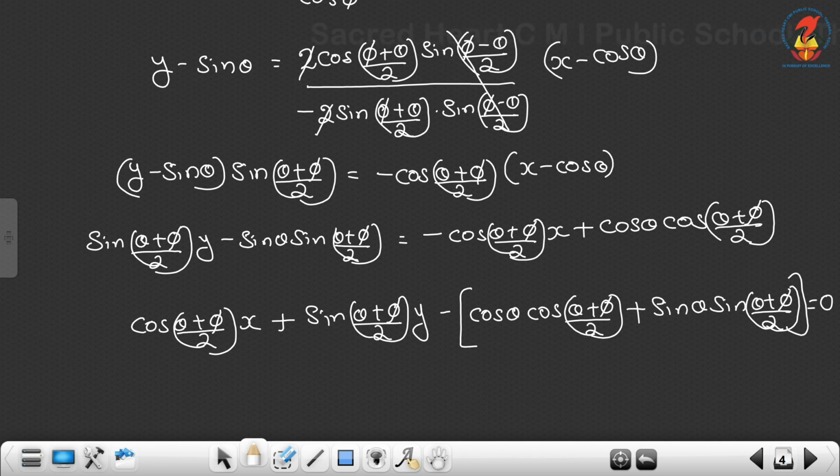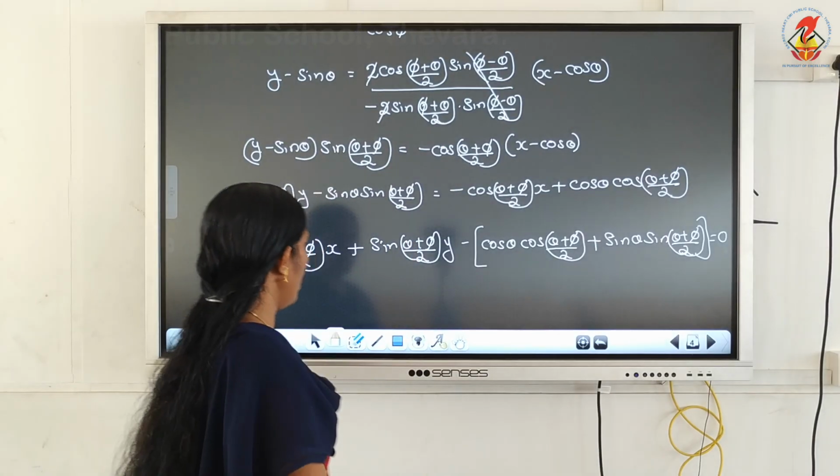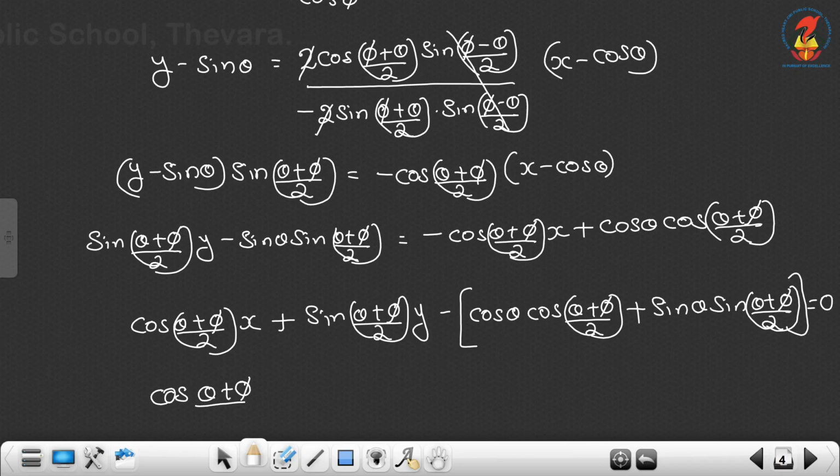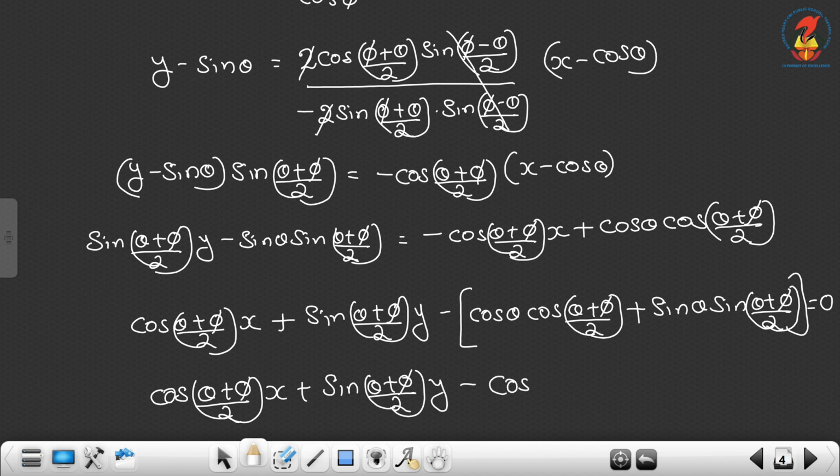Again this bracket is in the form cos x cos y plus sin x sin y. That is same as cos (x minus y). So the next step, cos (theta plus phi)/2 into x plus sin (theta plus phi)/2 y minus of cos (x minus y).